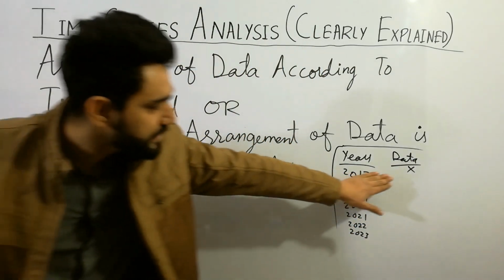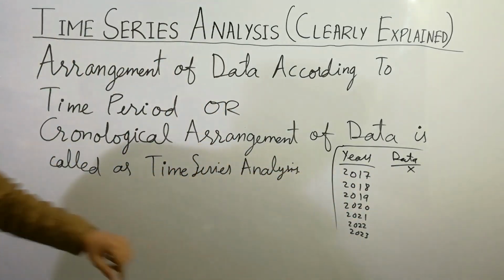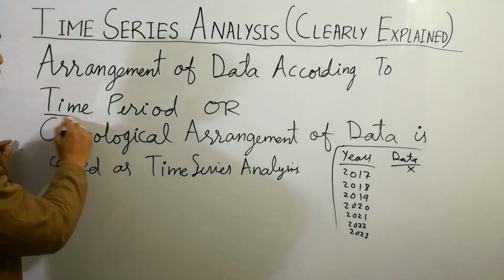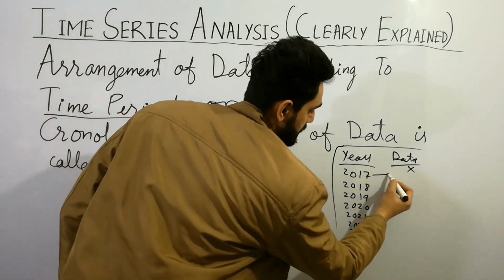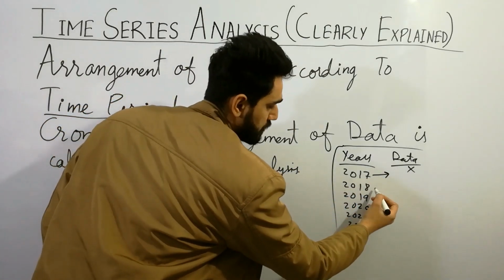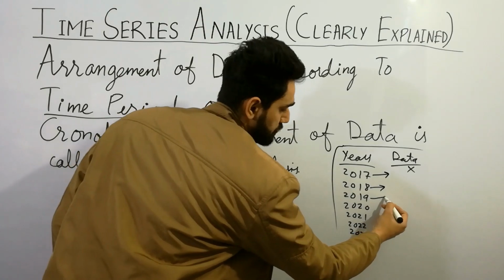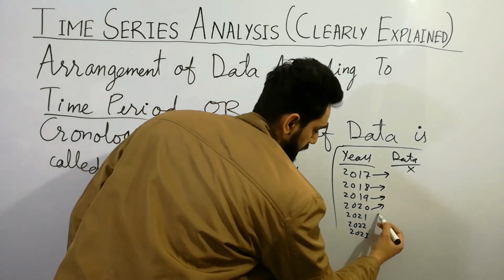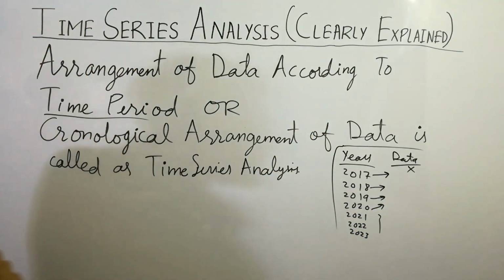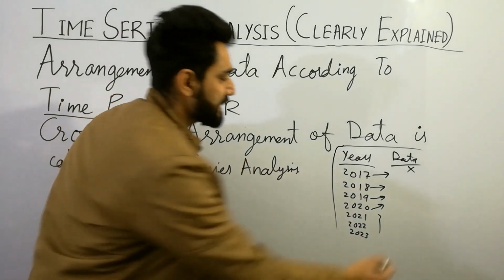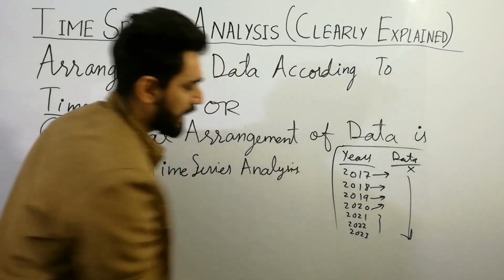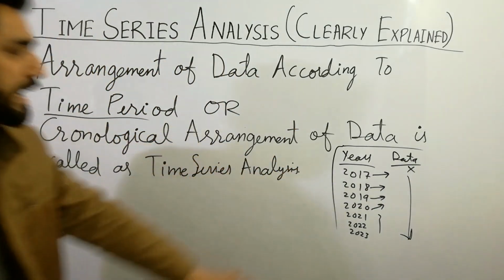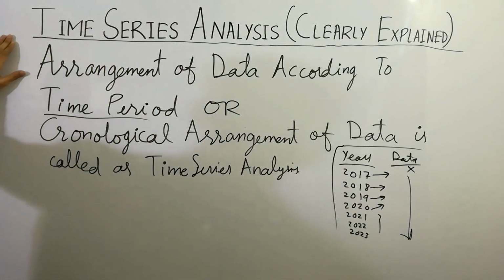We always arrange the data according to time period. Let's suppose this is X data, and this is 2017. We'll arrange the data 2018, 2019, and so on. Must remember that arrangement of data according to time period is called time series analysis.